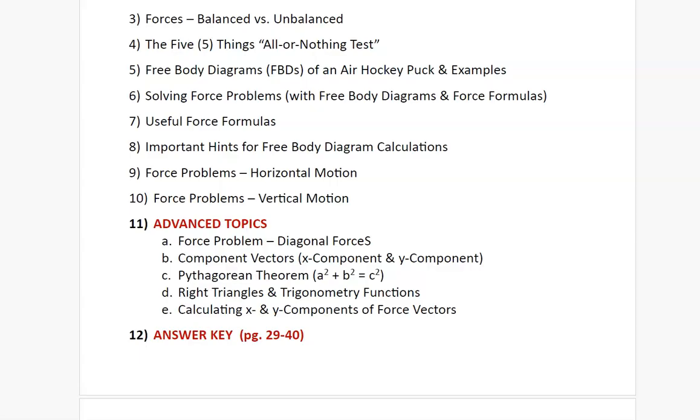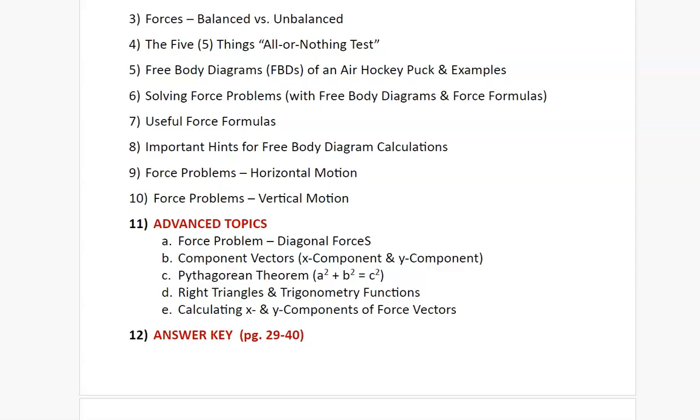Then we're going to discuss a method of analyzing force problems called free body diagrams, FBDs for short, and we're going to use the example of an air hockey puck table, and various examples of that. Then we're going to talk about how to use free body diagrams and force formulas to actually solve these force problems.